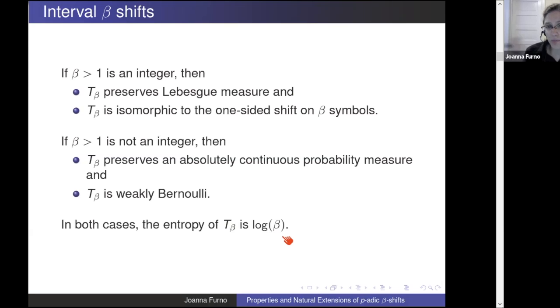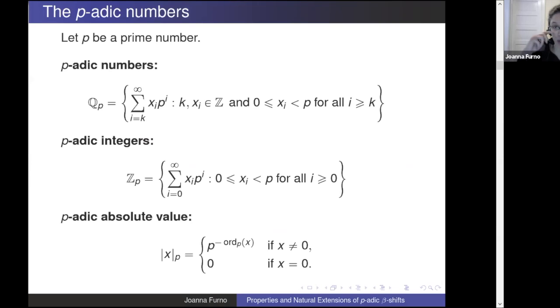All right, so these are pretty well understood, pretty classical things. And I probably don't need to define the p-adic numbers for this audience, but I want to, at least on this slide, give an idea of how we are making an analogy between our interval and our real line and the p-adic integers with the p-adic numbers.